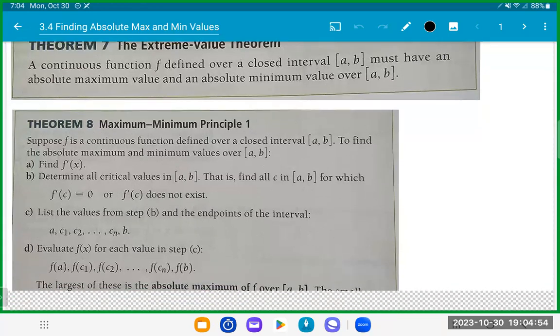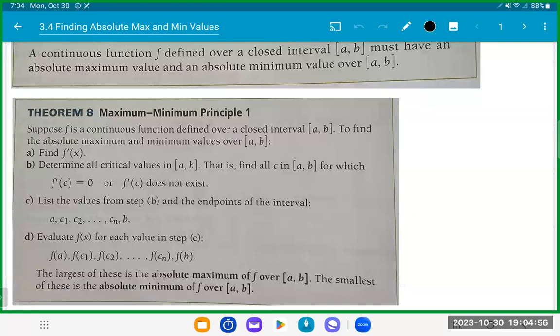And then we'll move into theorem 8, which is our maximum minimum principle number 1. Essentially, this is telling us that if we're looking at this closed interval, we find the derivative, and then we determine the critical values.